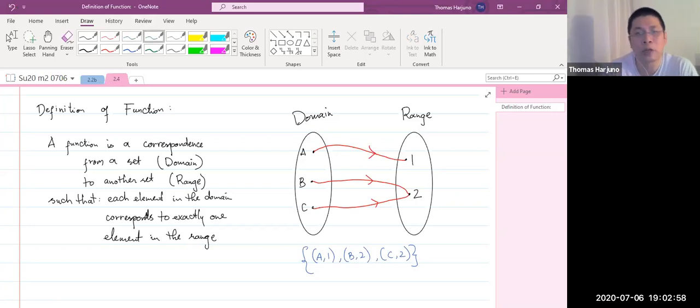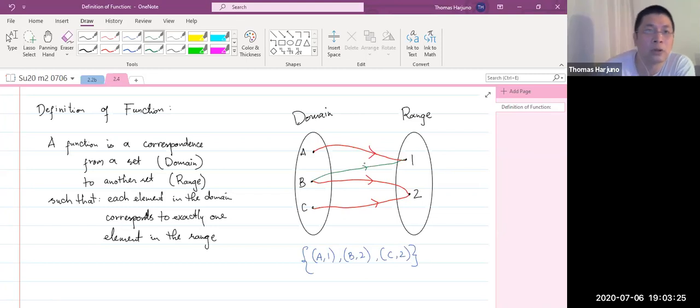Suppose I add one more thing: B, besides corresponding to 2, also corresponds to 1. Then this is not a function anymore, because you have an element in the domain, in this case B, corresponding to two different elements in the range. It is still a relation, but it is not a function.